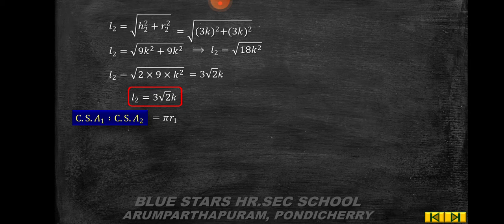Next, CSA1, that is curved surface area of the first cone, is to curved surface area of the second cone, which is equal to pi R1 L1 is to pi R2 L2. Pi gets cancelled.